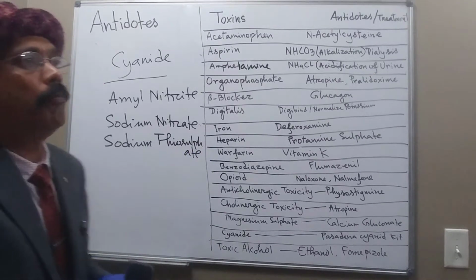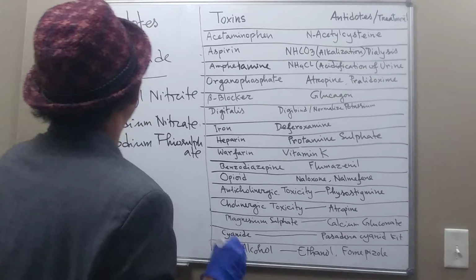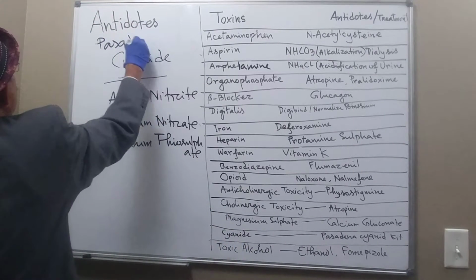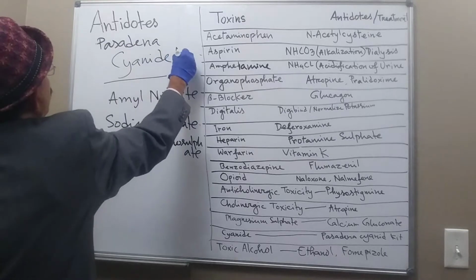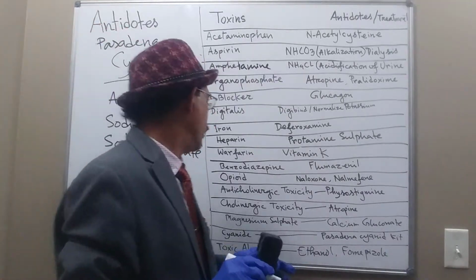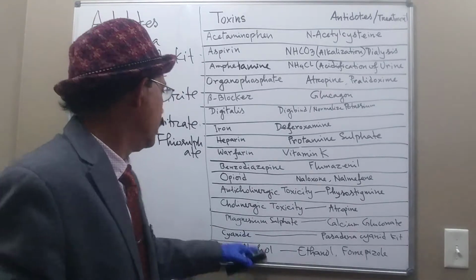That is called the Pasadena cyanide kit. So we have three components for the management of cyanide.